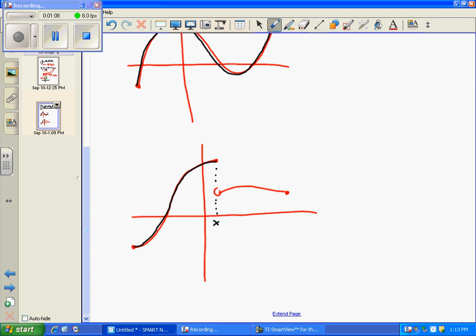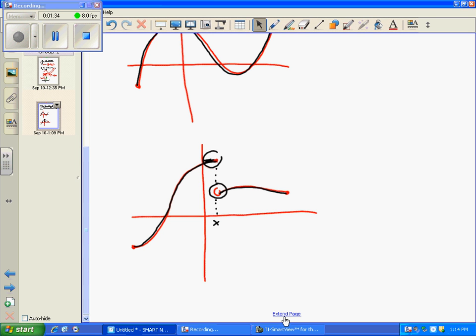And at this value of x, we have to jump from these y values up here at the top to a lower set of y values over here. And because we have to lift our pen to continue to trace this graph, we're going to say that it's not continuous. Again, that's not a super rigorous definition of what it means for a function to be continuous.